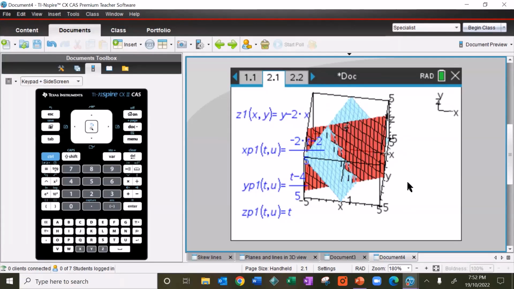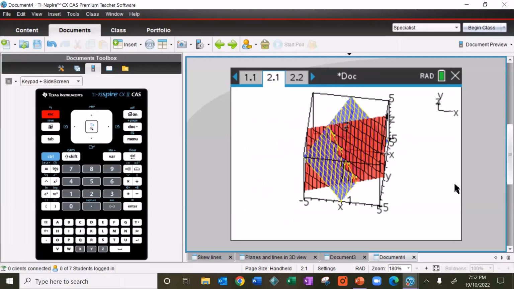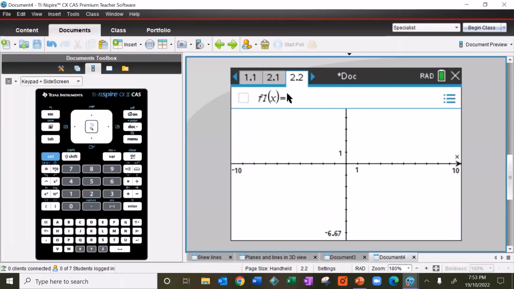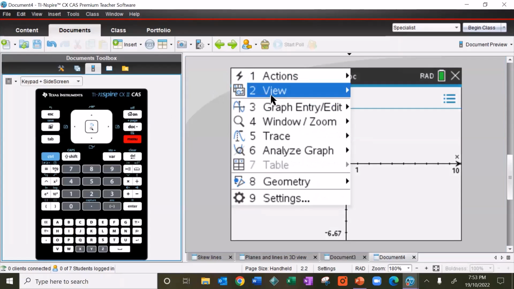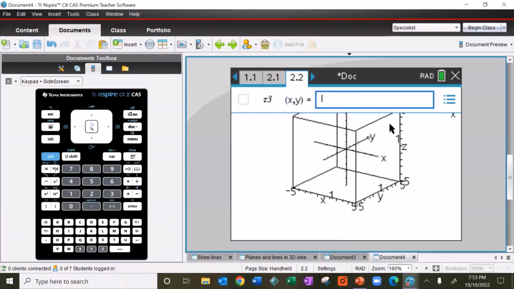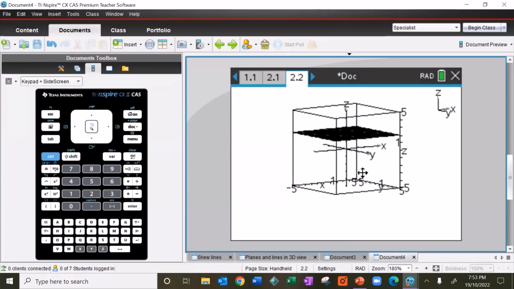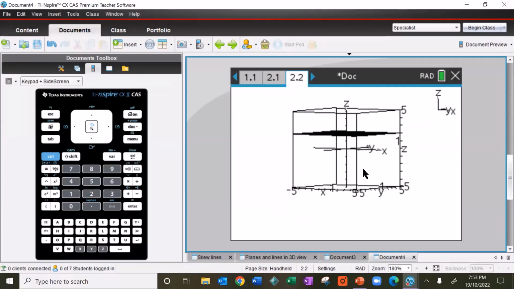We can draw a special plane, like if I enter another graphs and menu, view, 3D graphing. Let's say that I have the plane which is just the horizontal plane, and that was z equal to 2. We could do parallel planes as well. So let's try this.